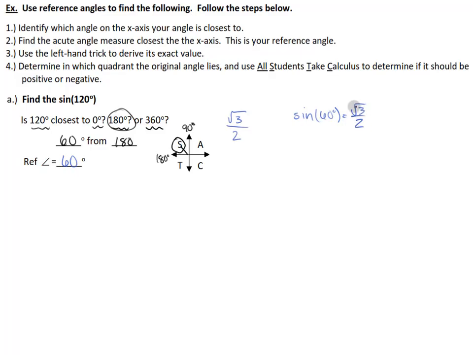So I have the right fraction. Now I need to remember, is this fraction positive or negative in quadrant 2? That's where, again, we can go back to "All Students Take Calculus." We're in quadrant 2 at 120 degrees, and only sine is positive. Well, what we're referencing is sine. So in quadrant 2, sine is positive.